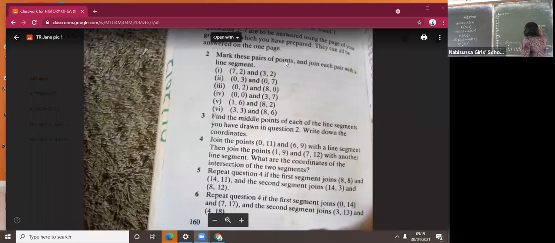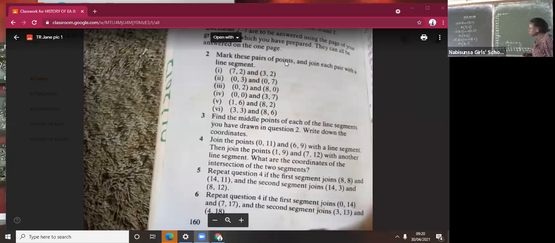If we are to go halfway, how many steps shall we go across? 4 steps. And how many steps downwards? 1 step.